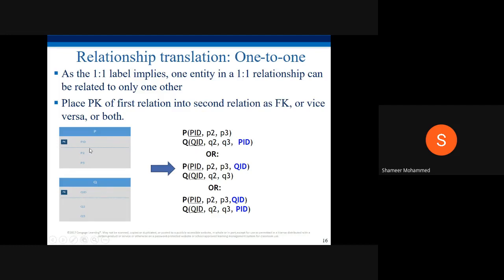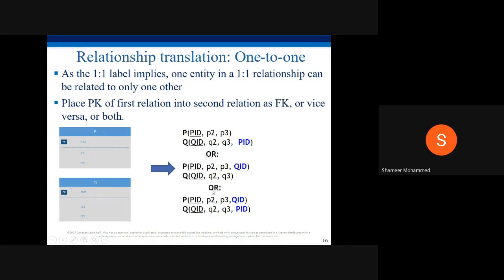But how do you relate? You place the primary key of entity P into this table, entity Q. This is one way, one method. Or you place the primary key of this child into the parent table.